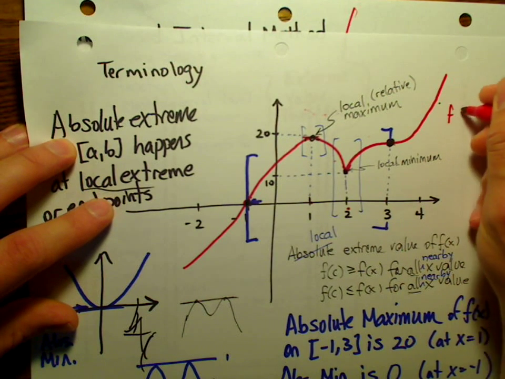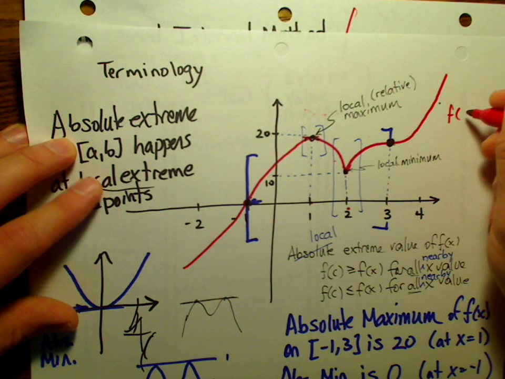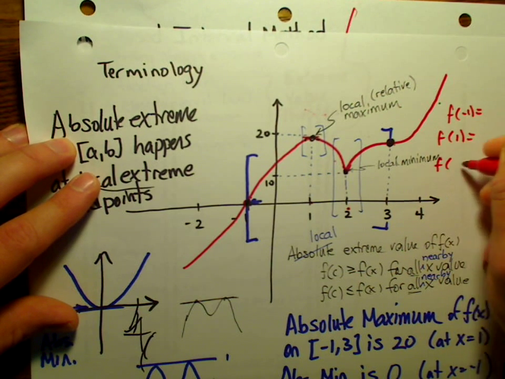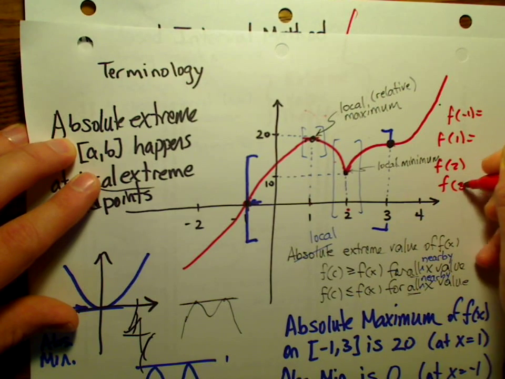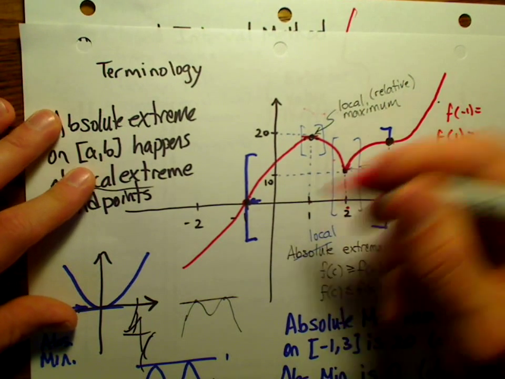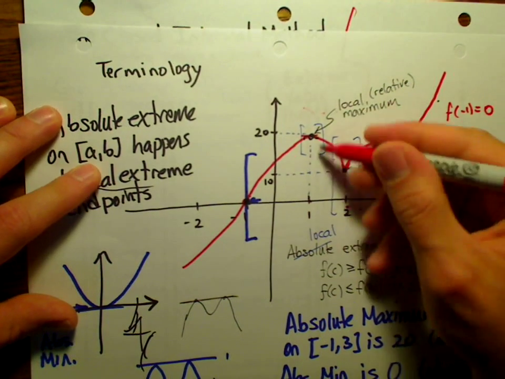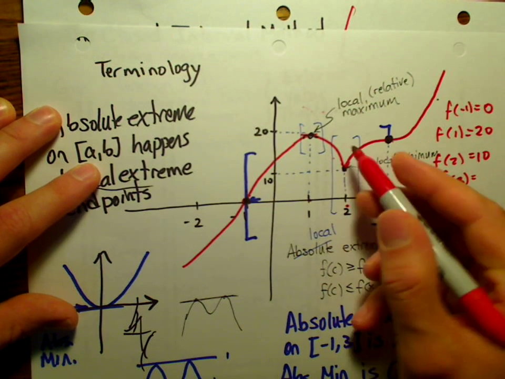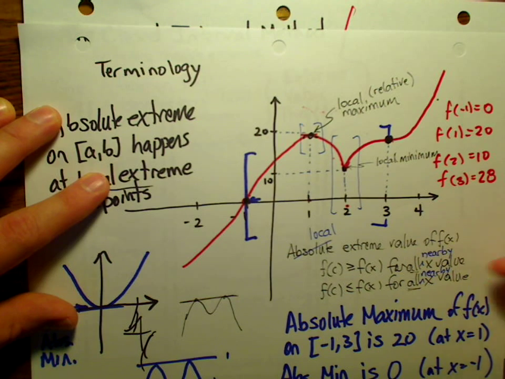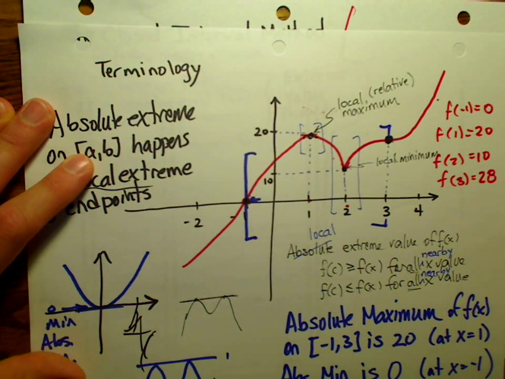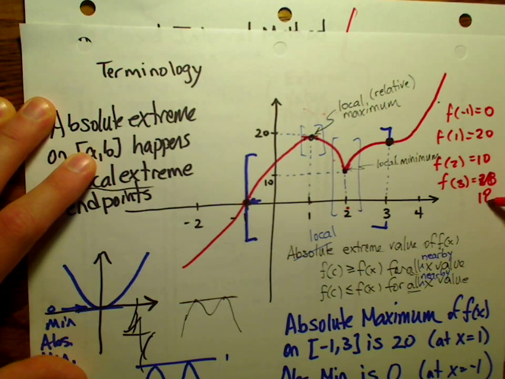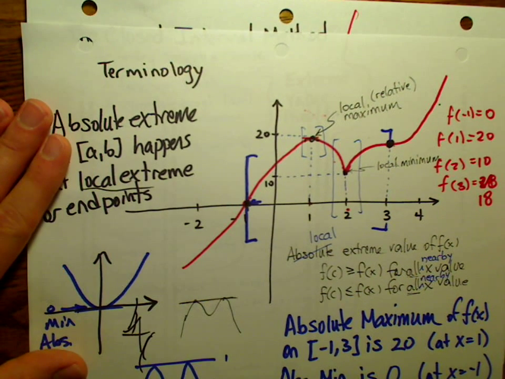If we didn't have the picture, we'd have to find f of -1, f of 1, f of 2, and f of 3. f of -1 we saw was 0, f of 1 is 20, f of 2 is 10, and f of 3 is 28. If we had the algebraic expression, we'd get the exact answer. Oh, no, it's not 28, it looks more like 18. As we look through here, 20 is the biggest, 0 is the smallest. Done.